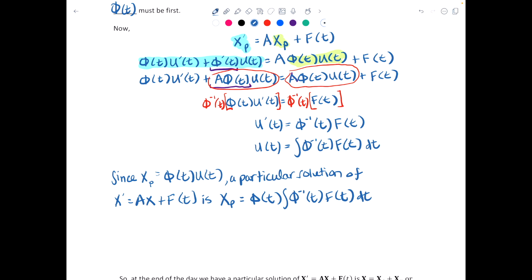So our u at t was here, and so our xp is phi at t times u at t, and so we would plug that in here. Cool?